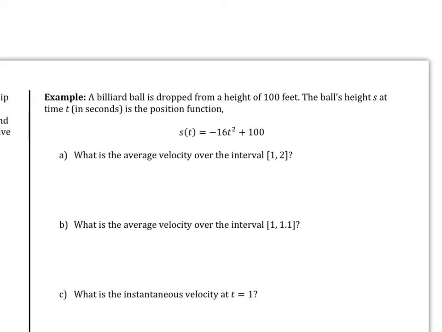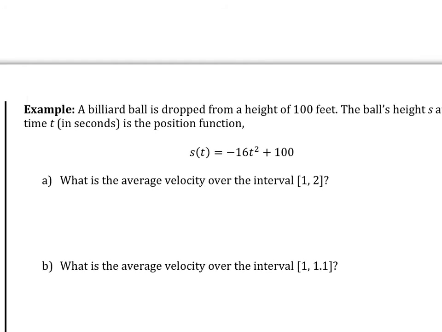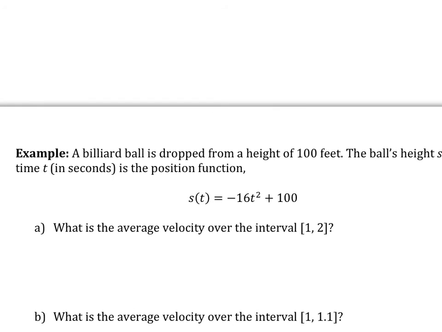The first question is, what is the average velocity over the interval 1 to 2? All right, so here's the trick. If you're taking physics, it makes a lot of sense. If you didn't take physics, you're going to have to learn some physics in this class. So the trick is knowing the relationship between position, velocity, and acceleration, and we'll talk about that pretty much the entire class.